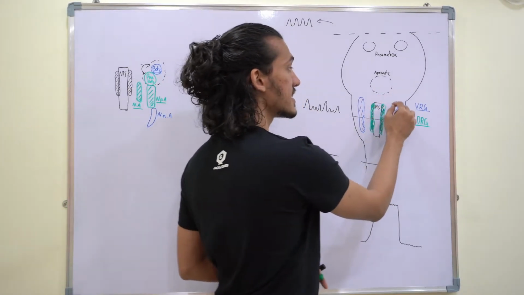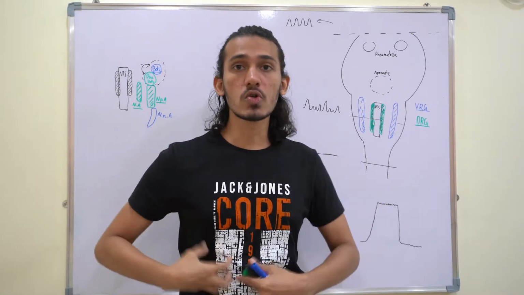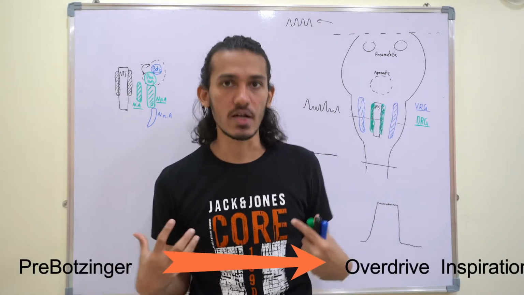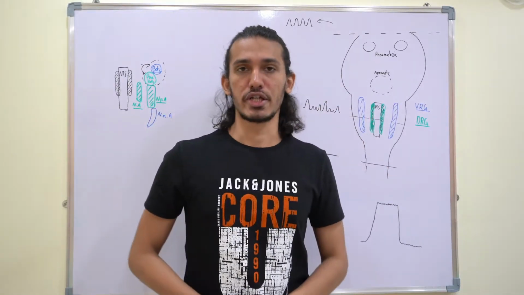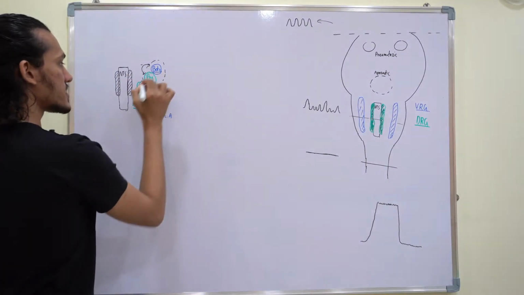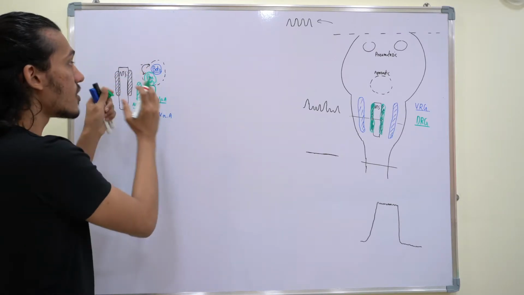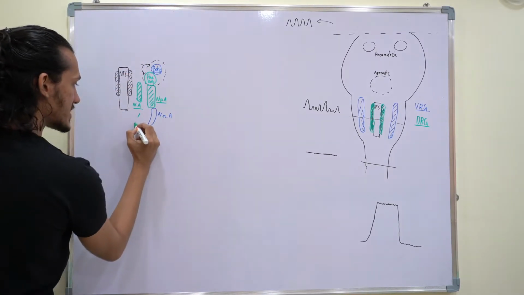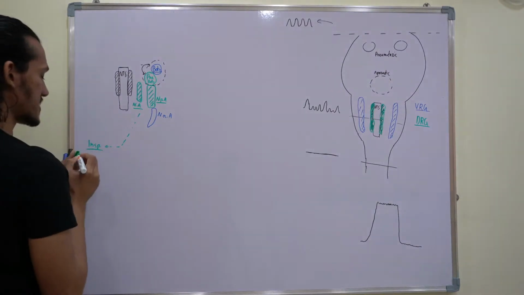Pre-Botzinger complex, that will go to the opposite side and it will go to parts of the diaphragm and the intercostal muscles and accessory muscles and result in inspiration. So that is what happens. We got the pre-Botzinger, nucleus ambiguous, nucleus paraambiguous, things in the center which are involved in inspiratory activity. So they go to the inspiratory muscle.